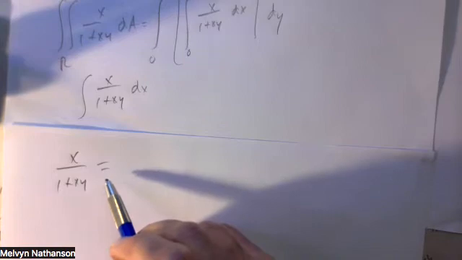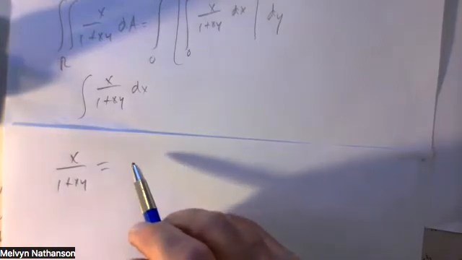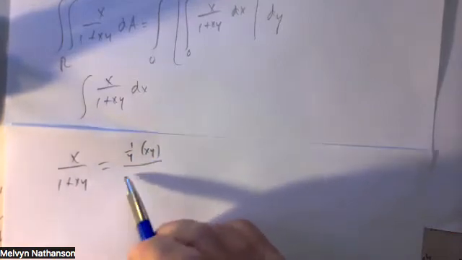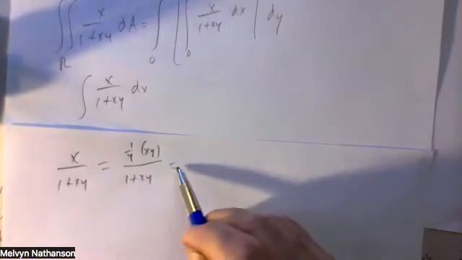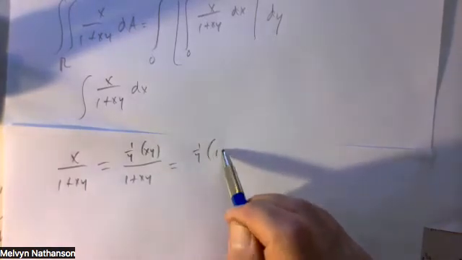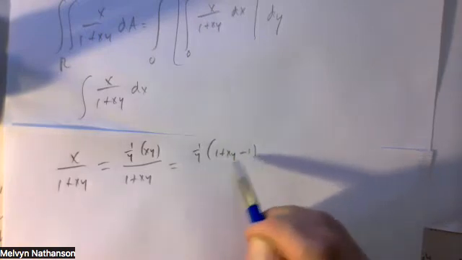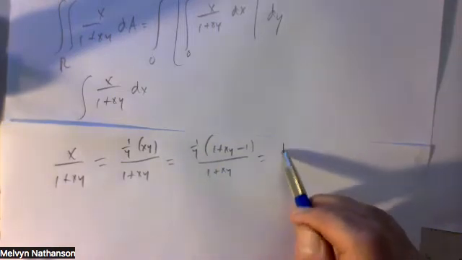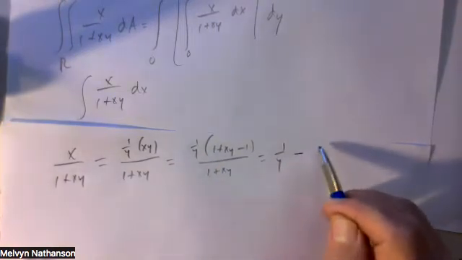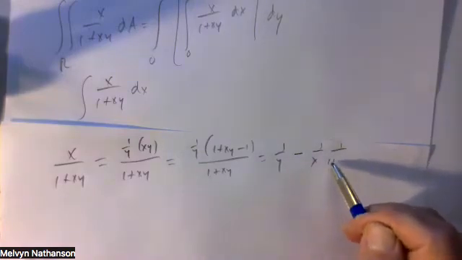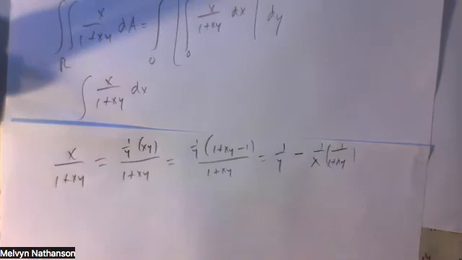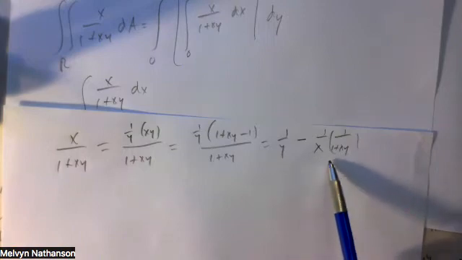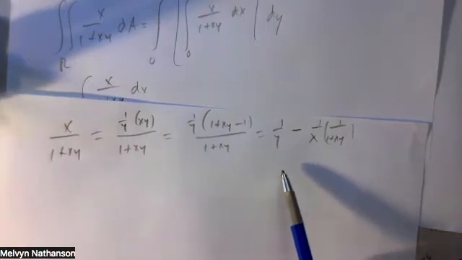So let me write that as 1 over y times xy over 1 plus xy, which I'm going to write as 1 over y times 1 plus xy minus 1 over 1 plus xy. That's equal to 1 over y minus 1 over y times 1 over 1 plus xy.